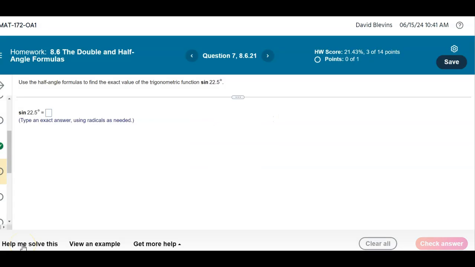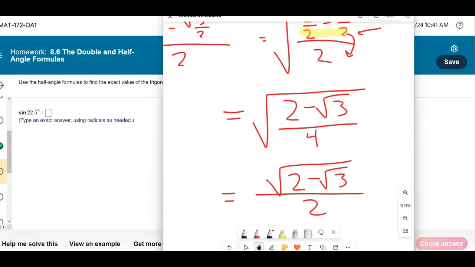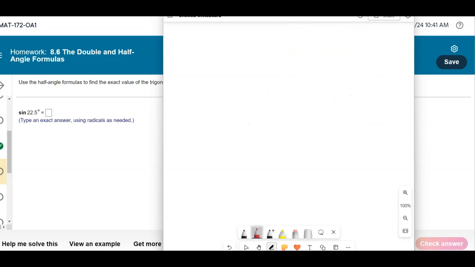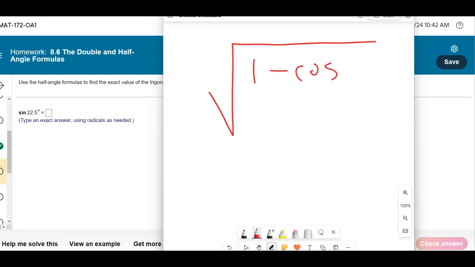Sine of 22.5. Same thing that we just did. All right, 22.5 is positive, so I need the positive square root. This is 1. Again, because it's sine, it's minus the cosine. We double this angle, so doubling 22.5 is 45 degrees over 2.